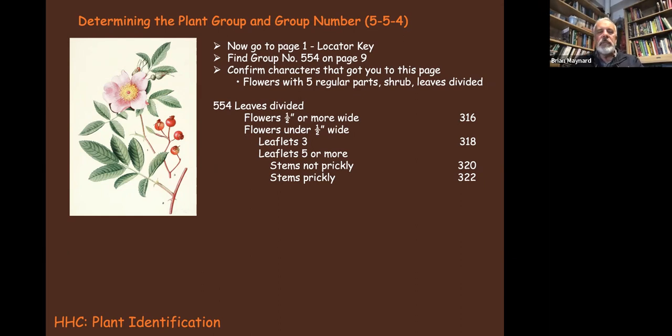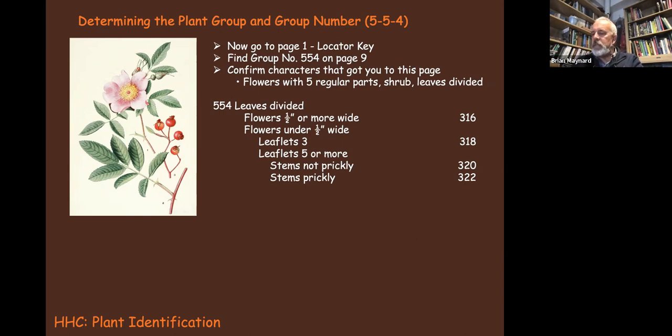So what I always tell my students in field botany and other courses is that when you get to this stage, you should always confirm the characters that got you to this page. And Newcomb's is nice in that they have all the characters listed on the page here, as you can see right there. So you can start at the top, and it says flowers with 5 regular parts, correct?